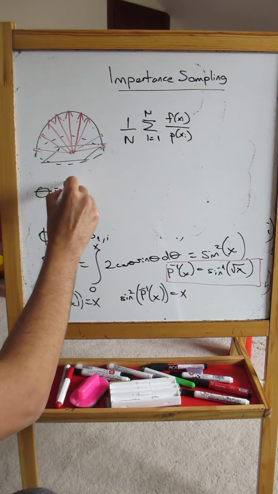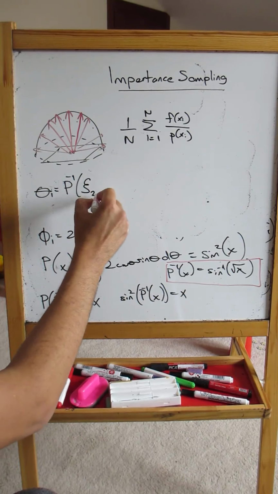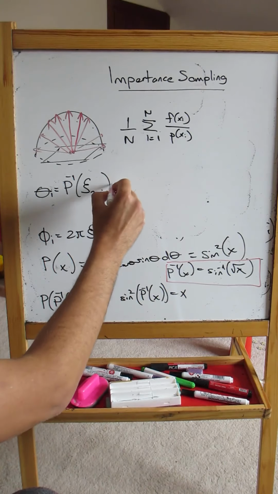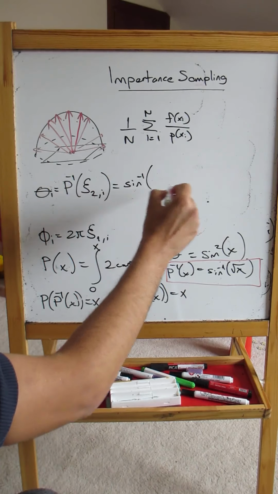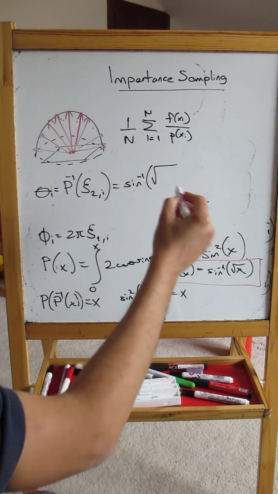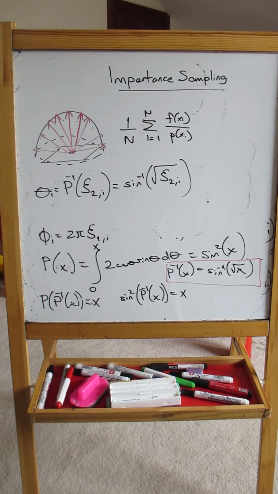the inverse CDF, psi, let's call it this time psi 2i, which is equal to sin inverse of the square root of psi 2i.